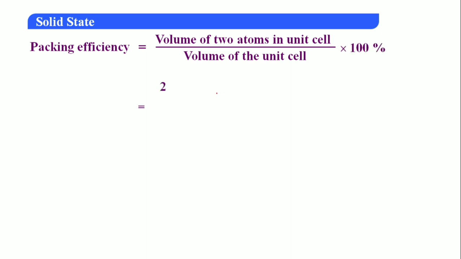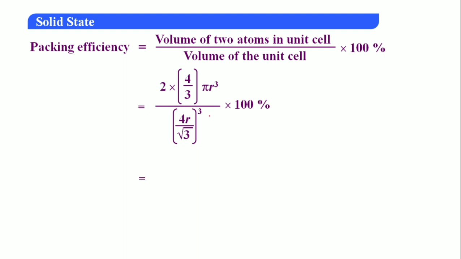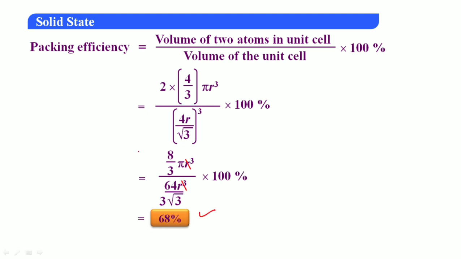That is 2 into 4 by 3 pi r cube divided by (4r by root 3) cube, into 100%. Simplify, r cube gets cancelled, substitute the pi value, and finally you will get 68%. For this, 1 mark, remember, and this A value derivation is 1 mark. So it is a 3 marks question.